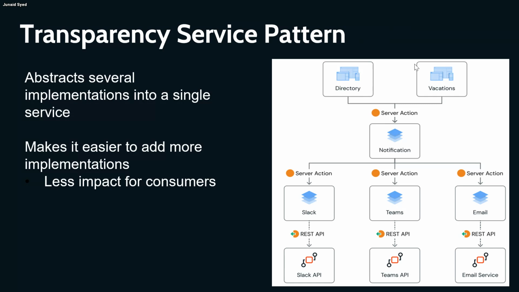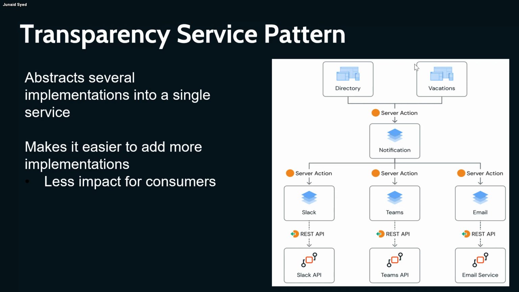Slack, Teams, email, everything is abstracted into the notification service. So the directory application and vacation application just know about the notification application, and it makes it easier to add more implementations. Like I explained, I can have integration introduced for Skype, Zoom, or whatever, and there is room for that. My directory and vacation applications don't need to worry about any of the changes on their side.